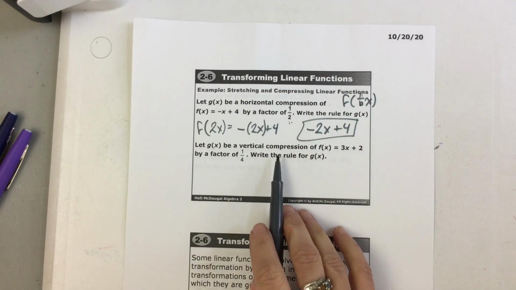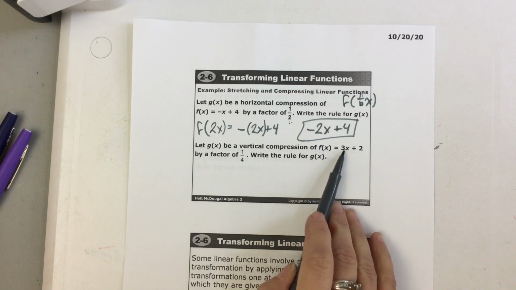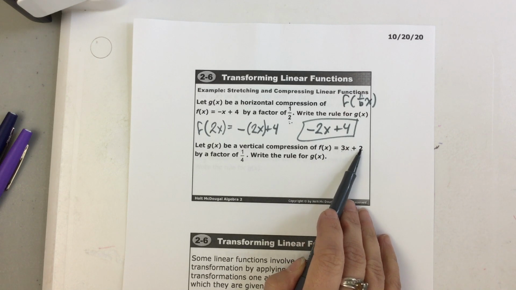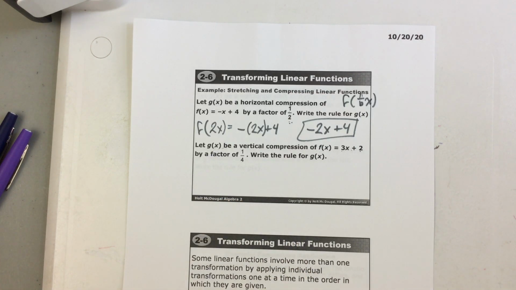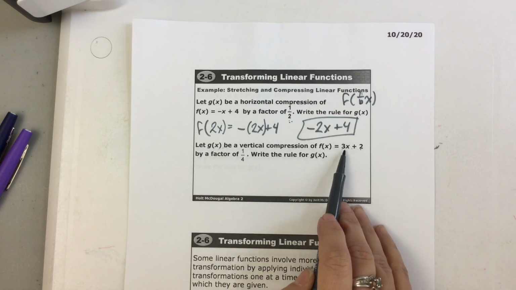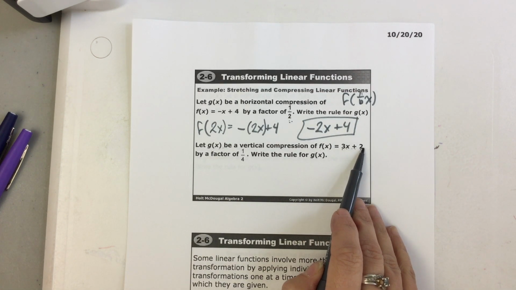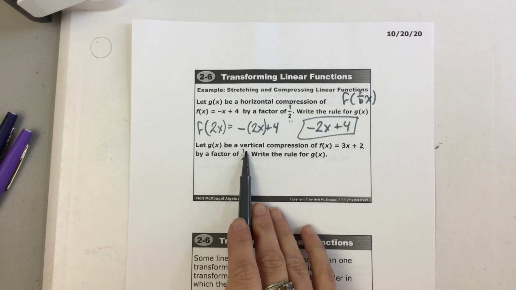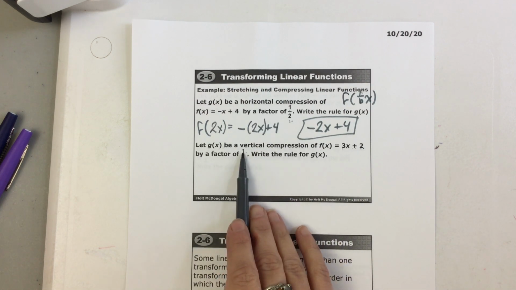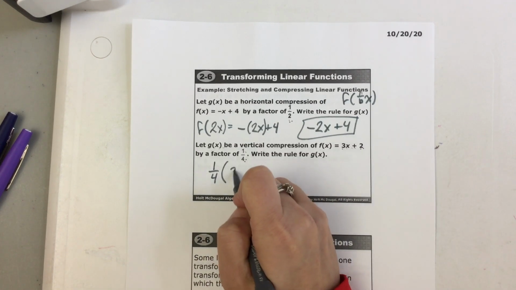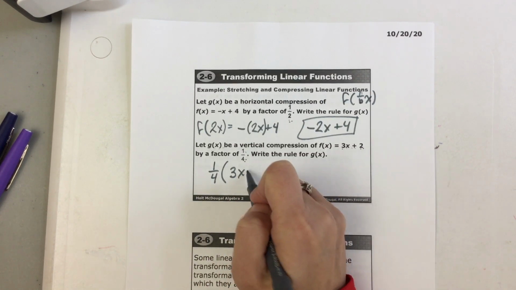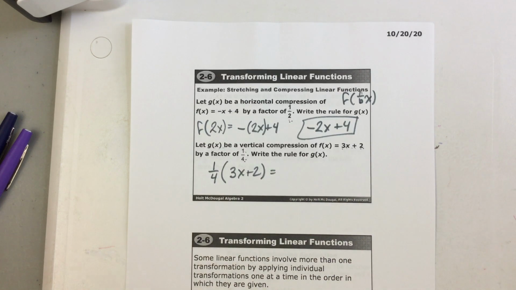Okay, if I have f of x as 3x plus 2, and they want us to do g of x, just meaning that we're having another function, we're changing it. So if I'm starting with 3x plus 2, and they want g of x to be a vertical compression by a factor of 1/4, it's a compression because 1/4 is less than 1. Vertical, that's where you have to distribute whatever the factor is into the original function.